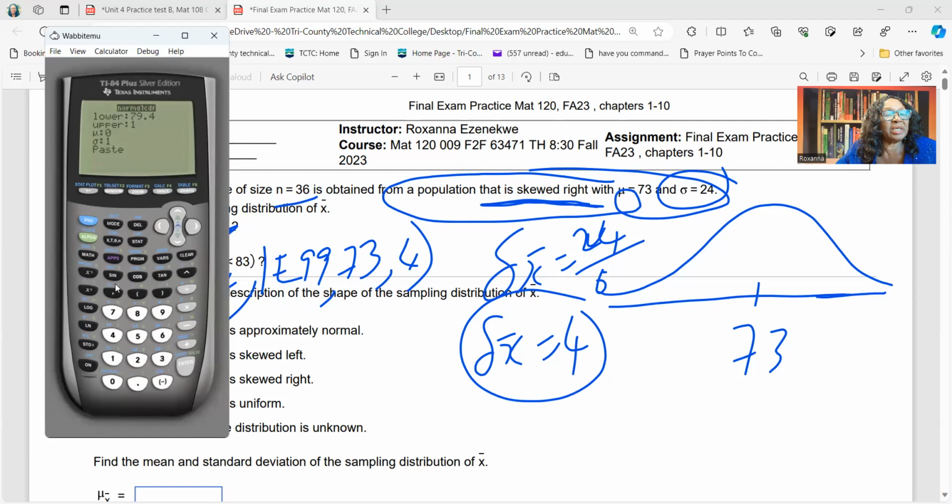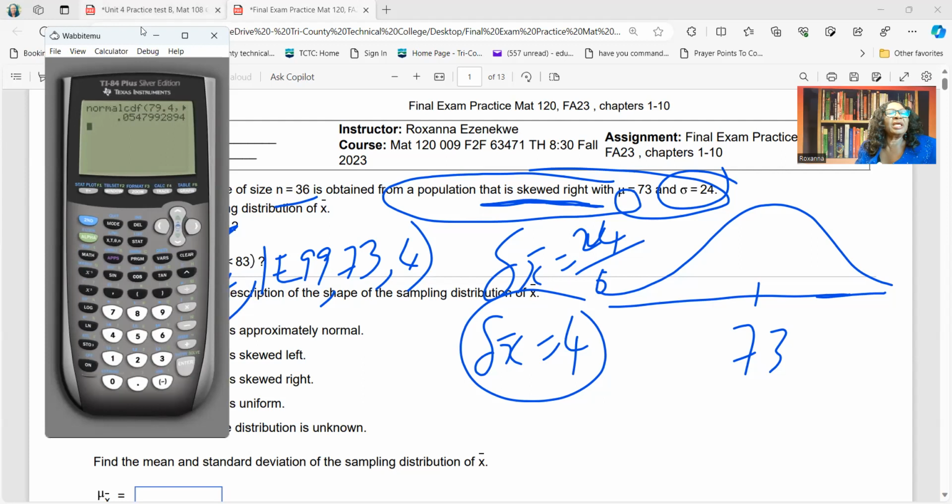Remember, we have to find E99. The mean is 73. The standard deviation is the standard error, and it's 4. And I'm going to paste. So I find the area. That area is going to be a small area because it's area under the central limit theorem. And that area is a decimal 0.0548, in percent 5.48%. All right.